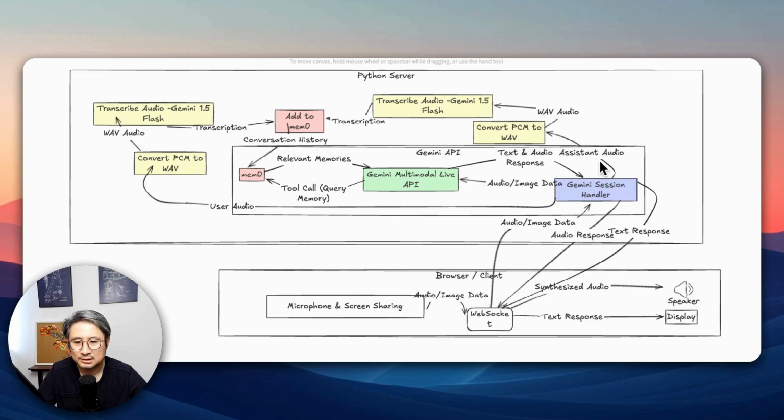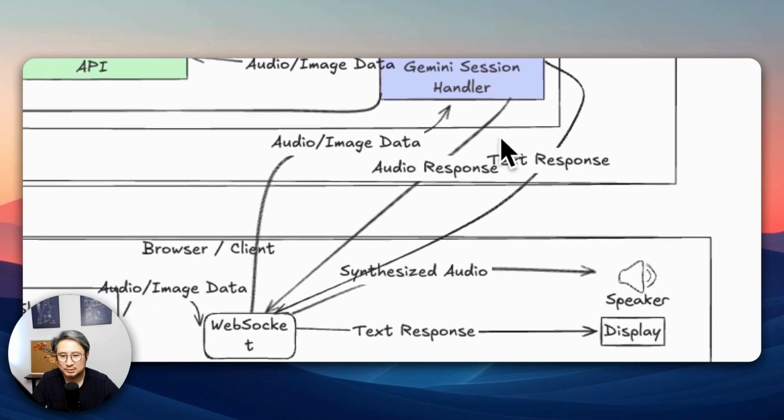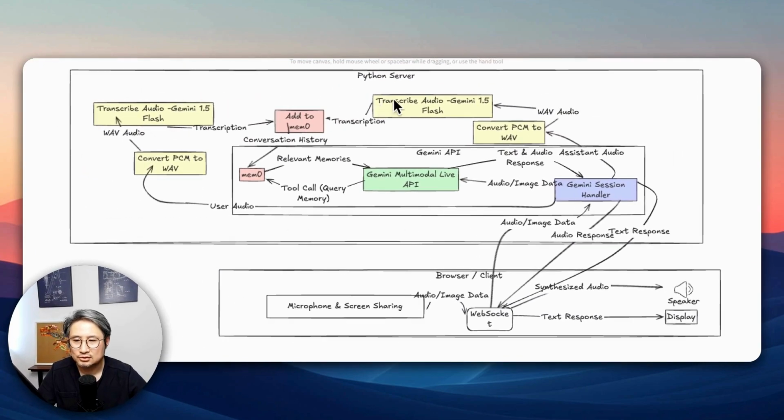Meanwhile, the assistant audio will be sent back to the client together with the text response that's generated also by the transcription module, to make it visualized in the user's browser.